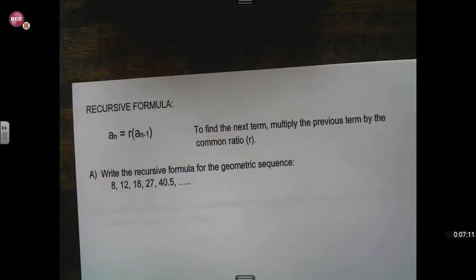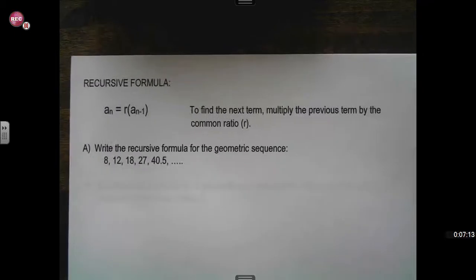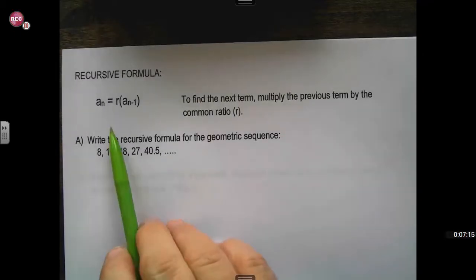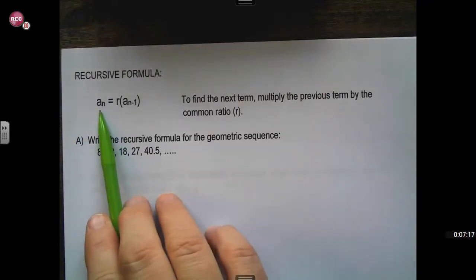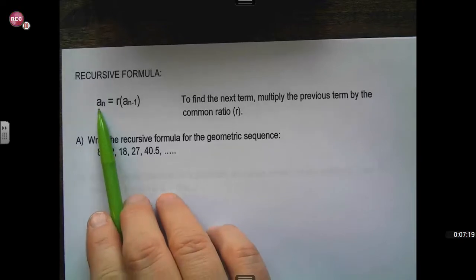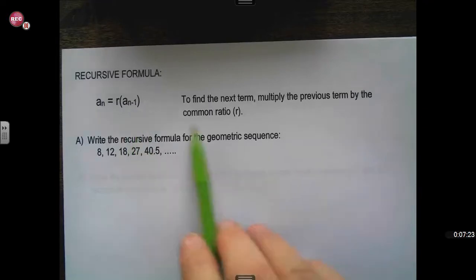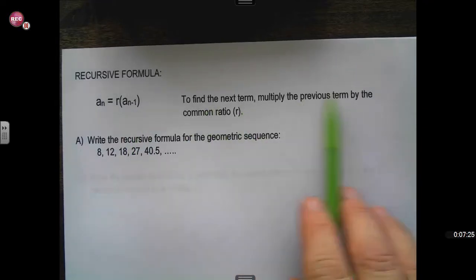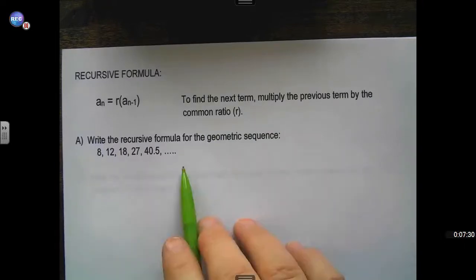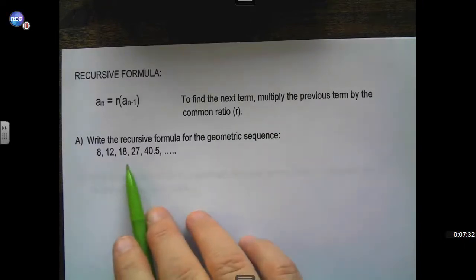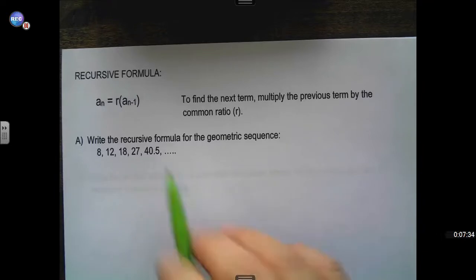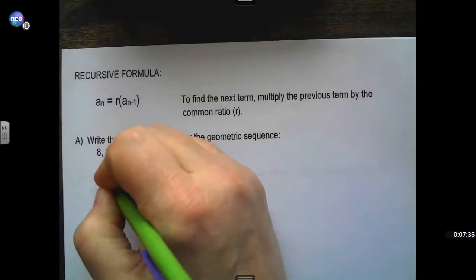All right. So for a geometric sequence, the recursive formula is a sub n equals r times a sub n minus 1. So to find the next term, you multiply the previous term by the common ratio. Write the recursive formula for the geometric sequence 8, 12, 18, 27, 40.5. First we find the common ratio.